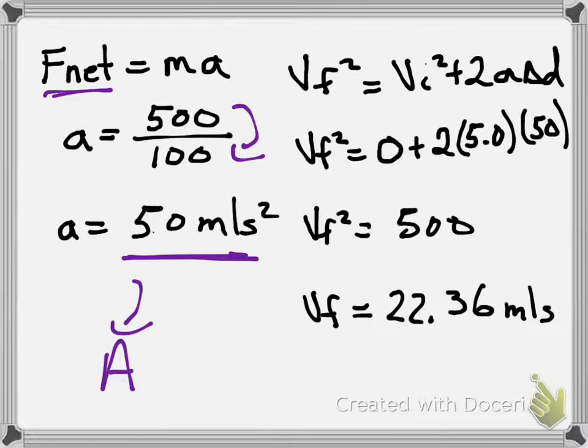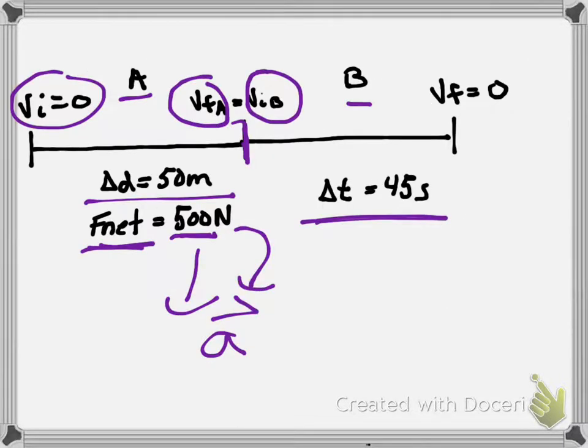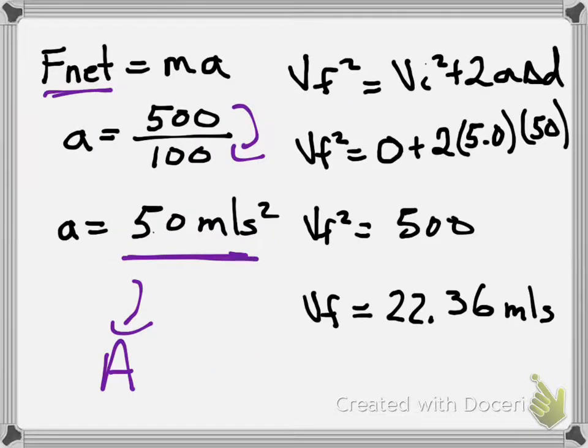As I stated earlier, we know that the final velocity of section A and the initial velocity of section B are going to be the same number. So if I just go back one here, that's what I'm talking about. If I figure out the final velocity here, it's going to be my initial velocity for B. So I'm going to use that knowledge to help me solve another part of the question. That's why this is stage two.